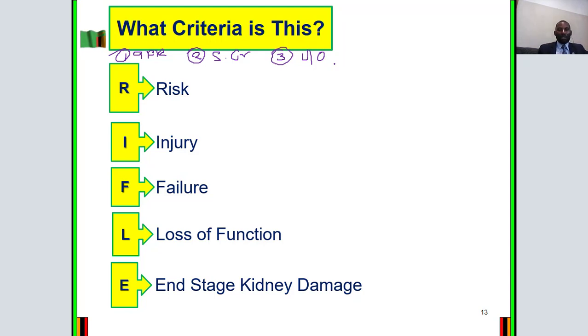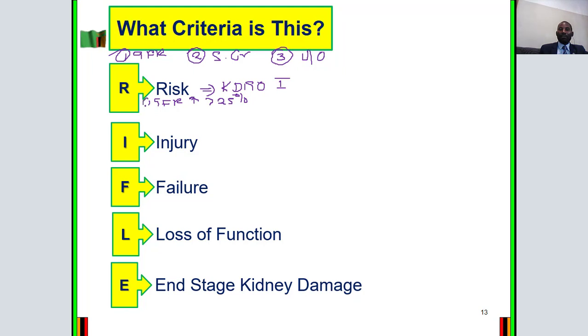Let's begin with what the RIFLE criteria is. I'll be looking at each stage. The first thing, the risk, is the same as KDIGO stage 1. I'll talk about the glomerular filtration rate. It will decrease by more than 25%.